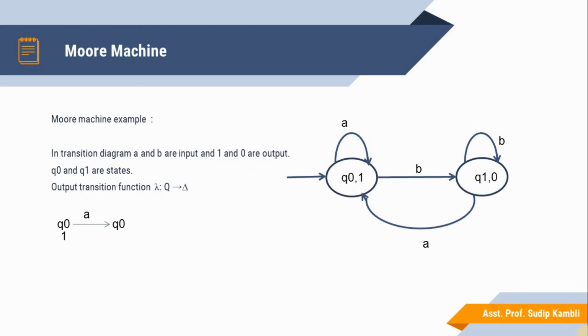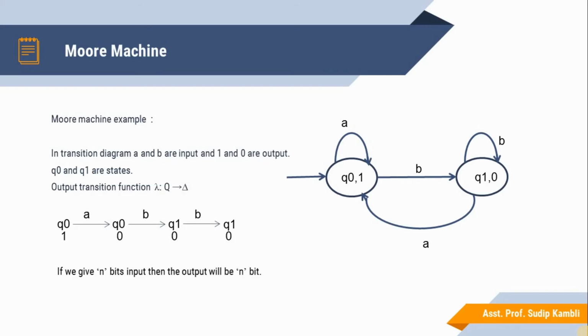Then q0 on scanning B goes to state q1 and the output is 0. Similarly, q1 on scanning B goes to q1 and the output is 0. Similarly, the q1 state output is 0. So we stop the transition, and the output is 1 0 0 0 for scanning the 3 input alphabets A, B, B. So if we give n bits of input, then the output will be n plus 1 bits.